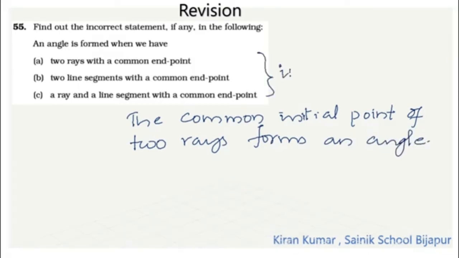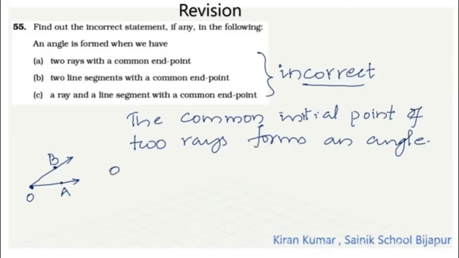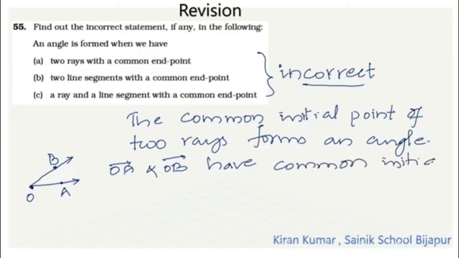So all the three statements which are given, I should say as incorrect, because an angle is formed whenever two rays start with the same initial point. Here we have a ray OA and a ray OB that have common initial point O.